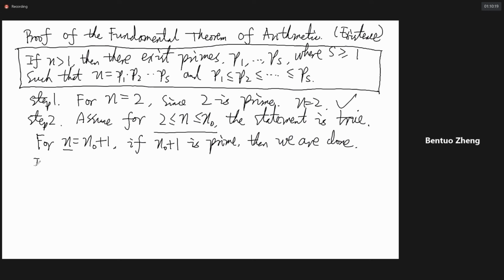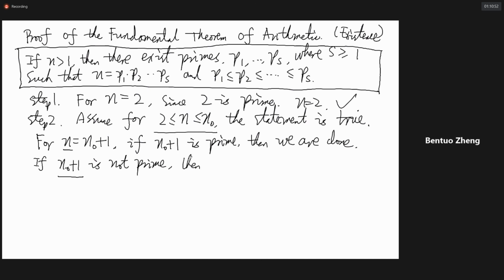And if n0 plus 1 is not prime, so recall the theorem we proved that any composite number, and n0 plus 1 now is composite, can be written as a product of two numbers, and these two numbers are both less than the original number.